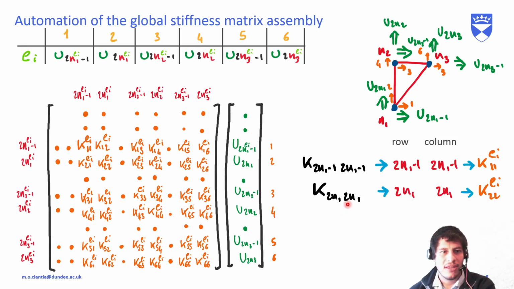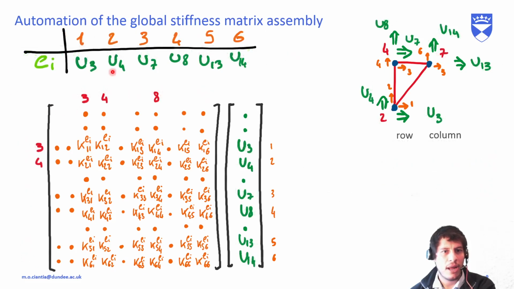So let's just give an example without using 2n1 and so on, too many subscripts, and let's just give some numbers to this element I, okay? So let's imagine that our element I was connected by nodes 2, 4, 7. Okay, so we have u 2n minus 1.